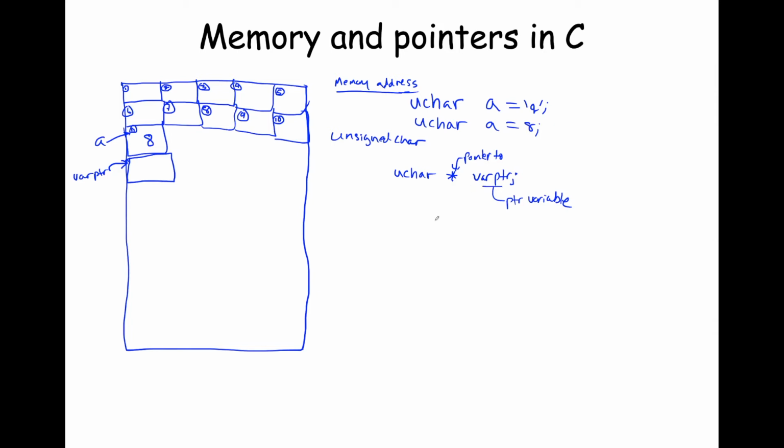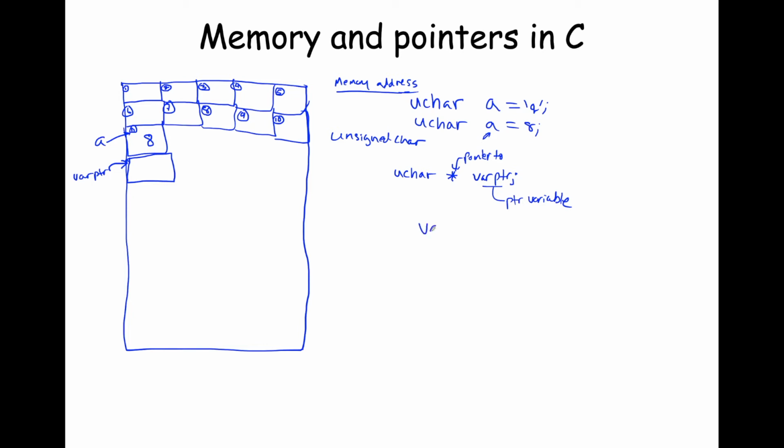This particular type of variable is going to store a memory location. That's what this star notation tells me. So if I want to store a memory location, an address, in this pointer variable, it's going to be the memory location specifically of that unsigned character A.